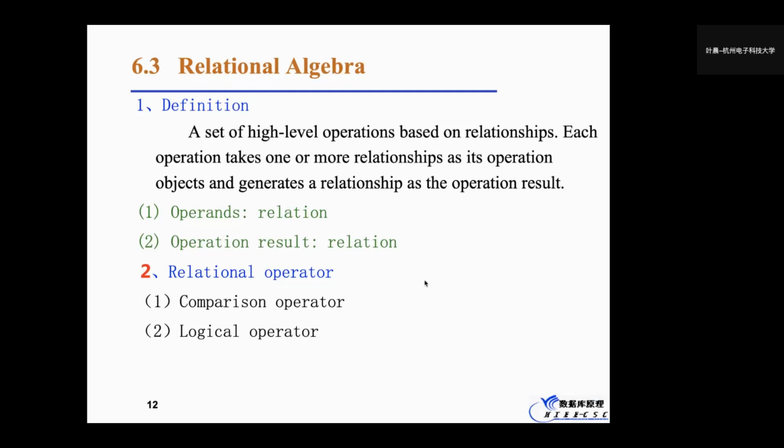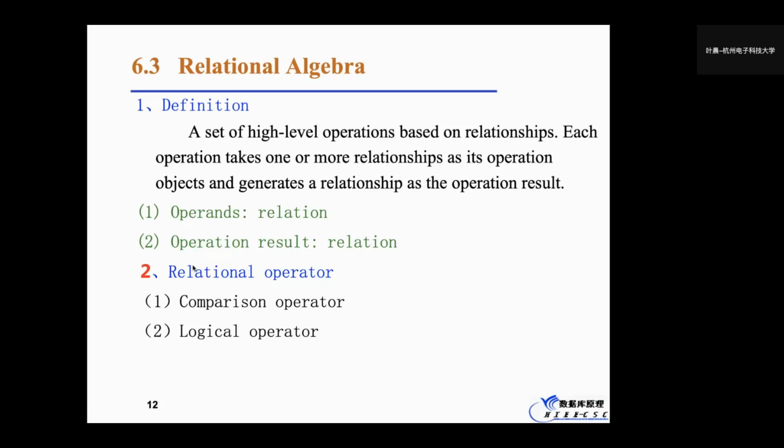So here we can see its operation object is relation 1, and its operation result is relation 2. So for this kind of operation, we call it relational algebra.